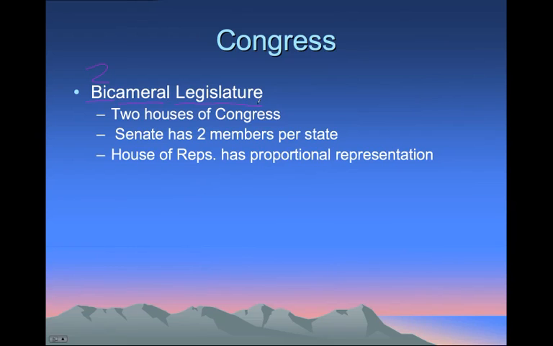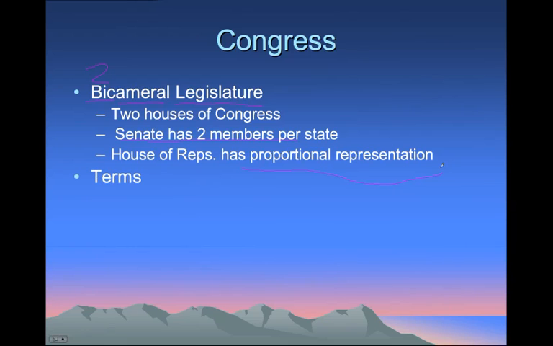So that way, as was decided by the Great Compromise, we have the Senate, who has 2 members, and we have the House of Representatives, who has that proportional representation. And so now our representation is relatively fair that way.